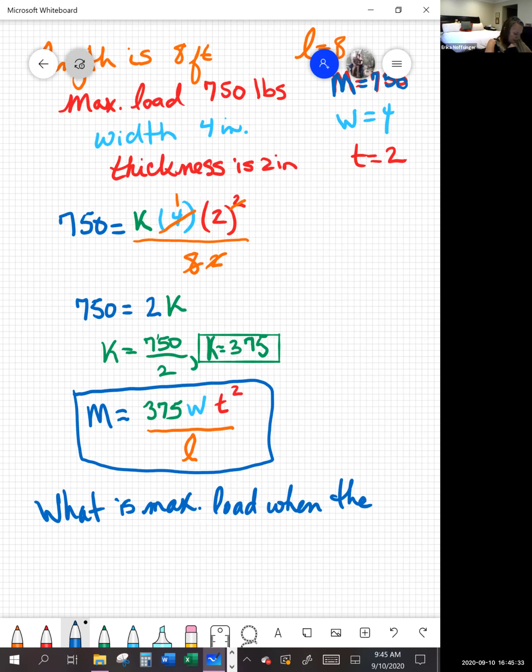Okay, so what is the maximum safe load in a similar beam when the beam is 10 inches long? So that's our length. Not 10 inches, 10 feet. 6 inches wide. And 2 inches thick.